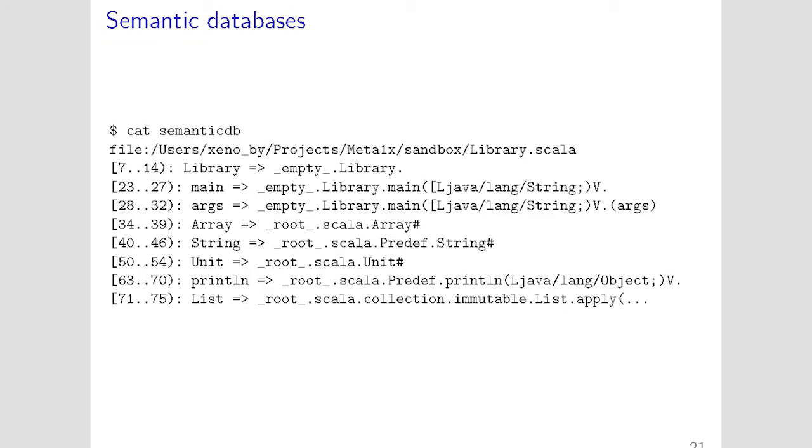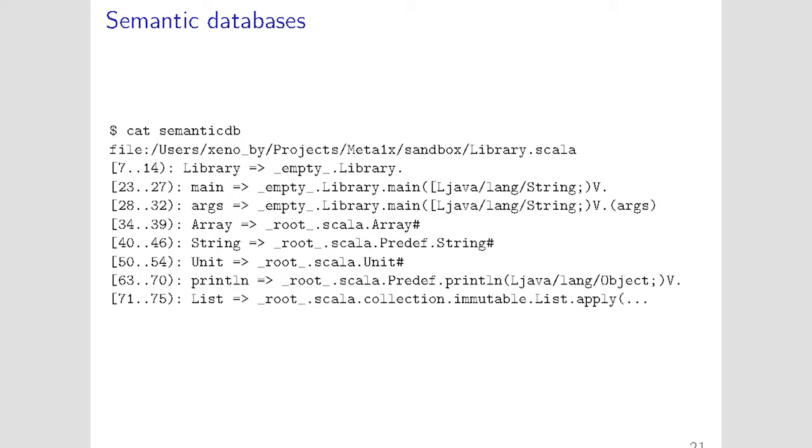With the semantic DB, these two steps are decoupled. First, you produce some stable information, just like this, nothing extra, so no compiler internals, as I mentioned. And then you can use tools, maybe on a different machine, or on a cluster, wherever really, to analyze these files. And that brings me to my final point.